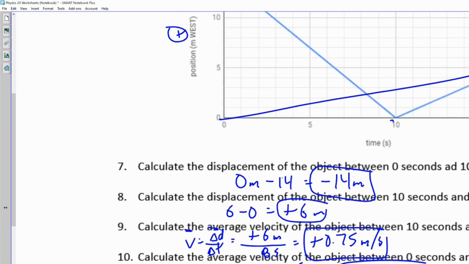I just saw a couple frowns. Is that wrong? I had 6 meters between 0 and 18? I think it's 6. What? Sorry? Negative 8 between 0 and 18 seconds?